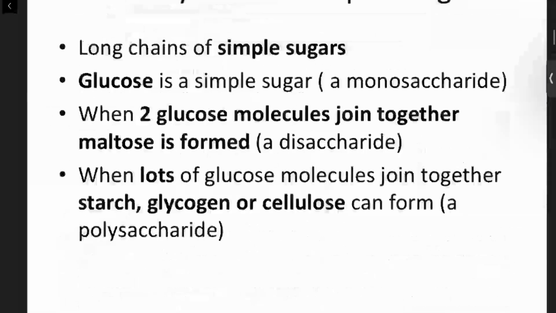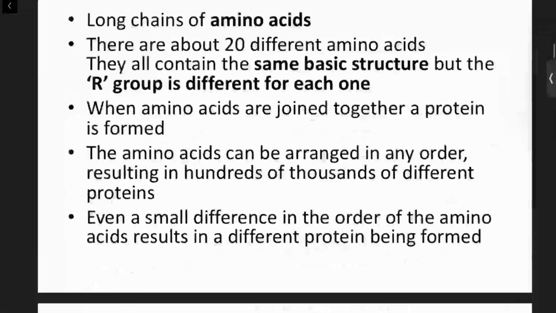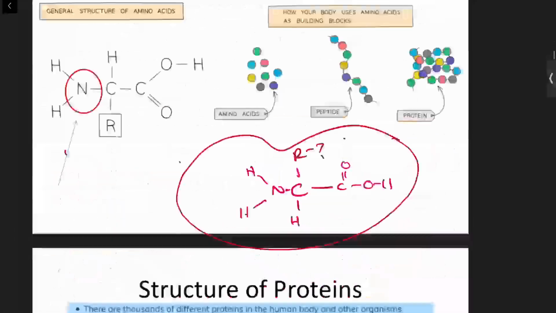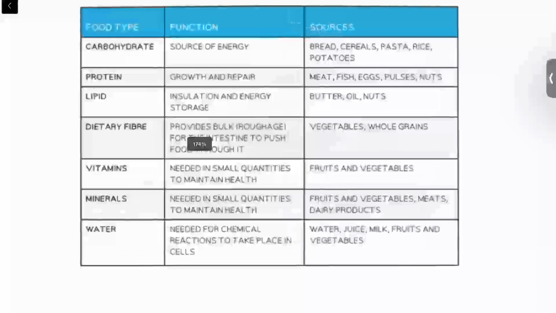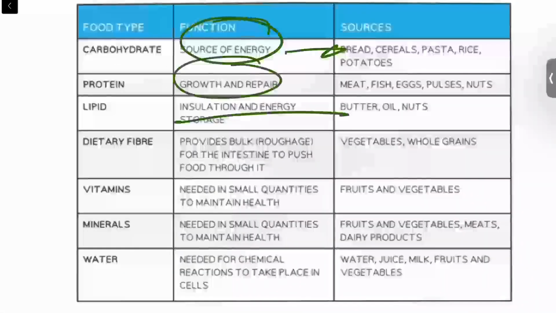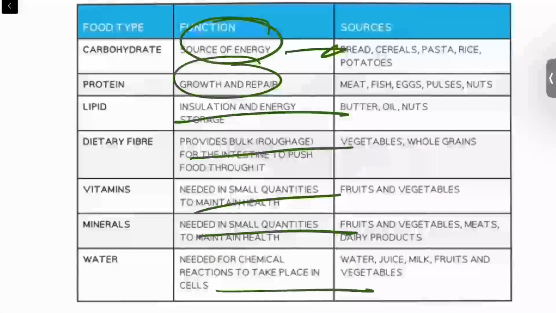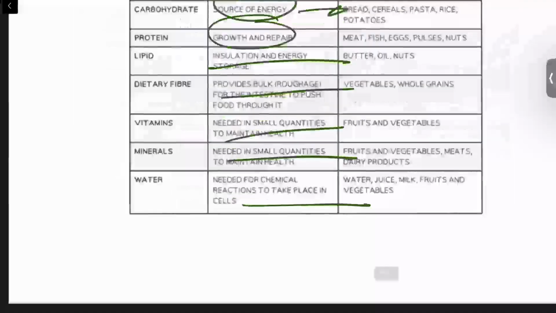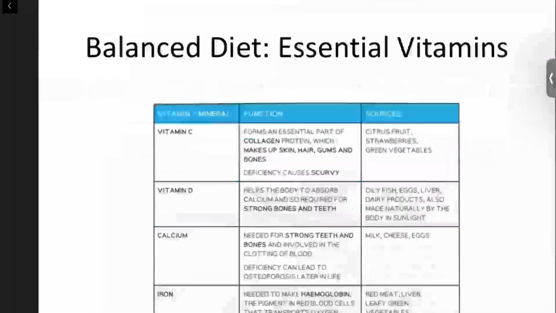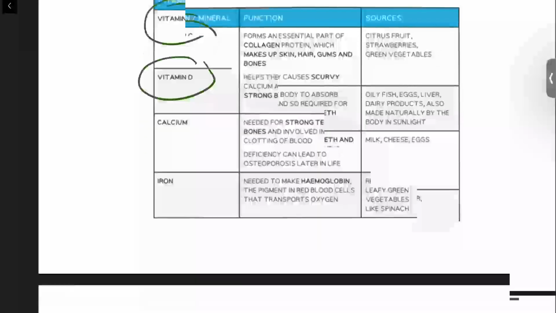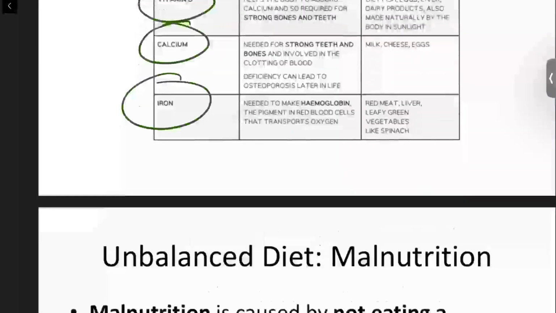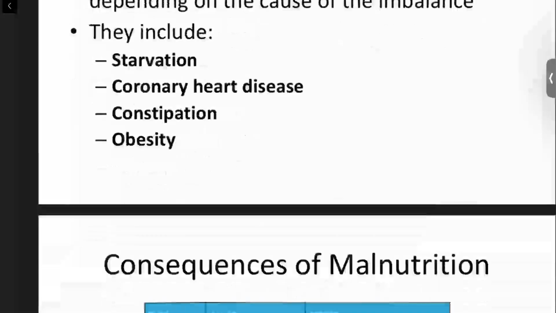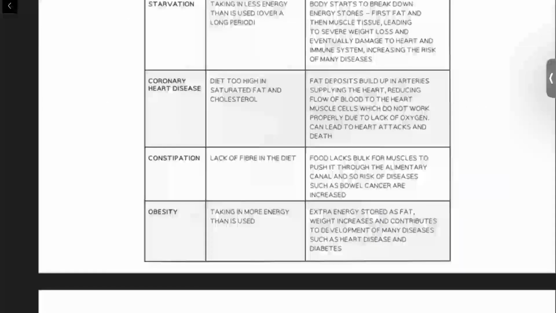Biological molecules, about carbohydrates, about proteins. They're all very small amounts here. Everything is there. The function, the source, everything is there in the tute. Go and read it. What vitamins are you supposed to study? Vitamin D, vitamin C, right? Vitamin A, I mentioned it in class. Calcium, iron, everything is there. All of this, go home and read.